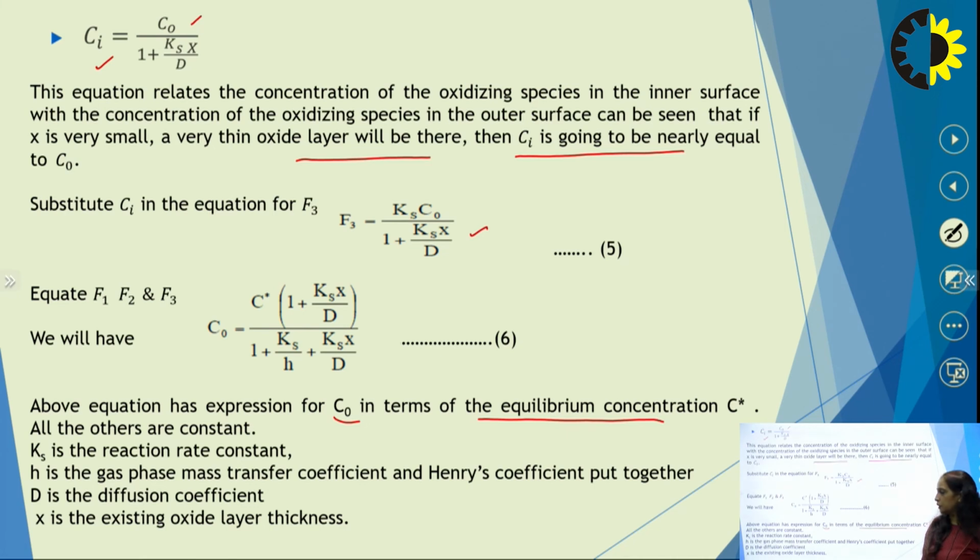Ks is the reaction constant, h is the gas phase mass transfer coefficient, capital H is the Henry constant, D is the diffusion coefficient, and X is the existing oxide layer thickness.